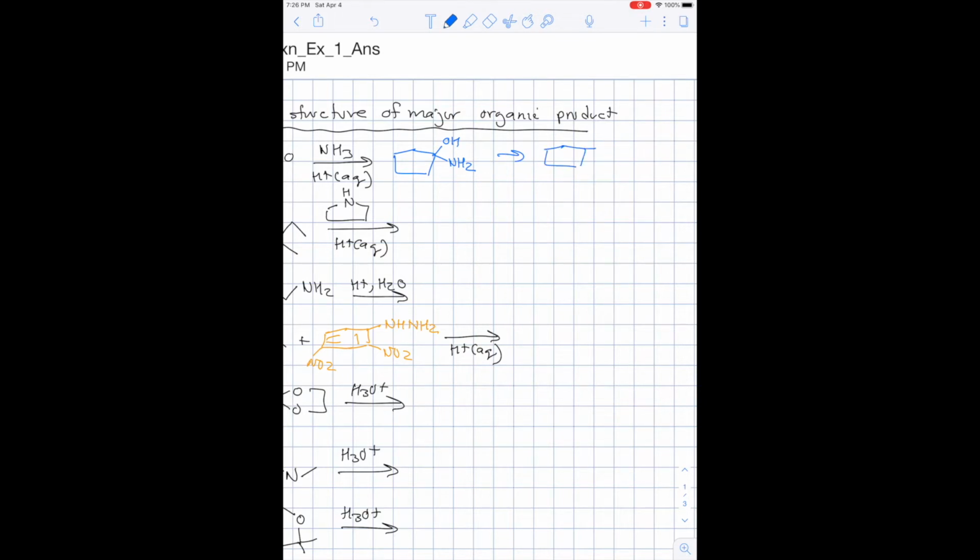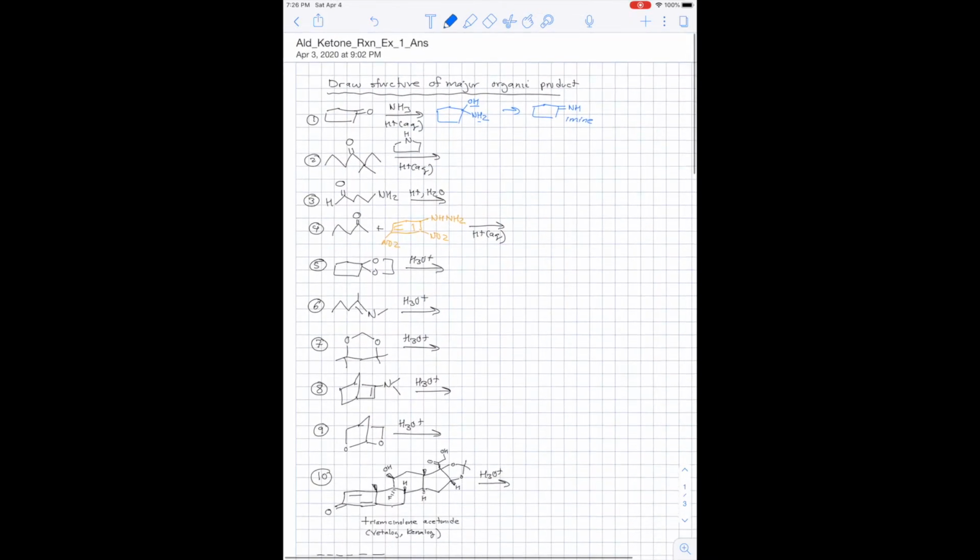Sometimes students don't find it's helpful. And then that's going to go on to the imine by losing this OH and one of these H's. So in order to make an imine, you need to have a nitrogen-based compound that has at least 2 hydrogens on the nitrogen.